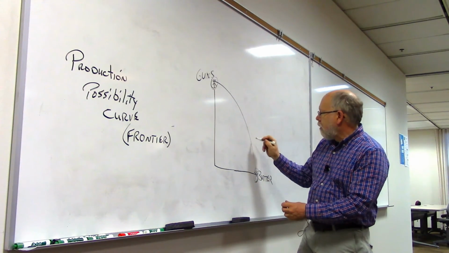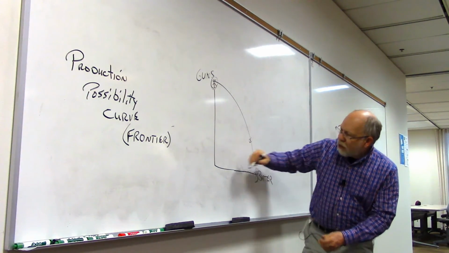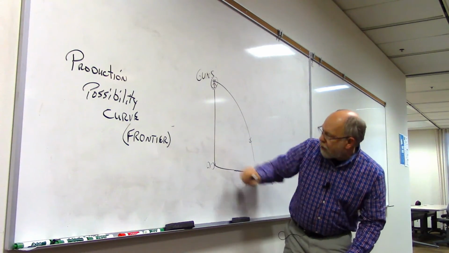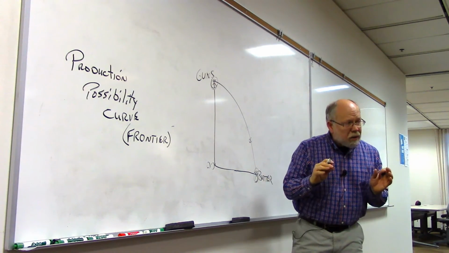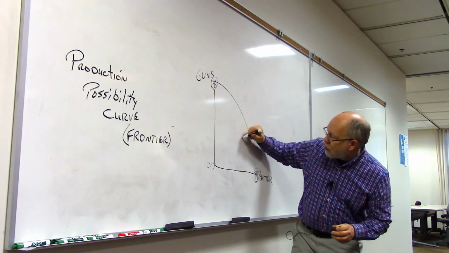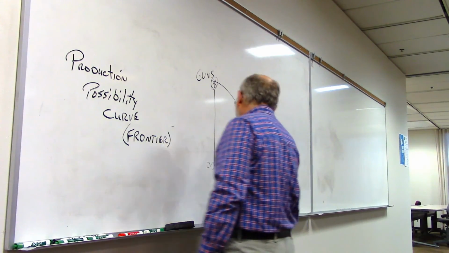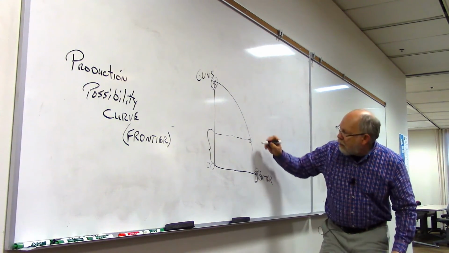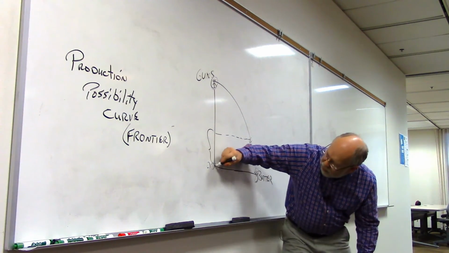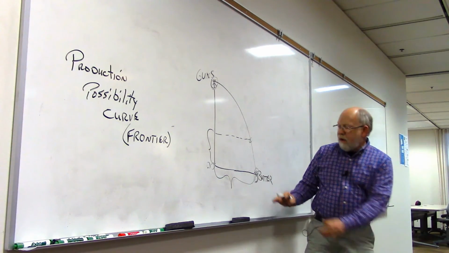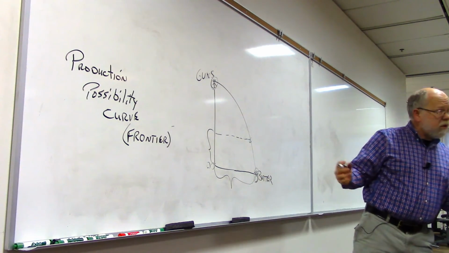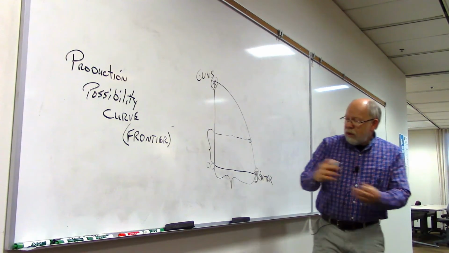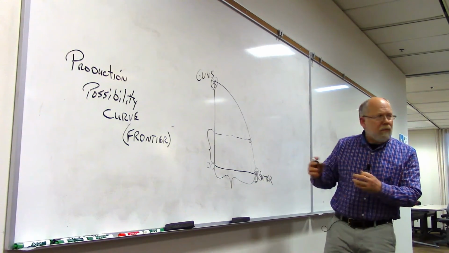We'll put this right here. So in this case, here's our 0, 0, right here. So this is our origin. So in this case, it's possible for us to produce this much output of guns, while at the same time we're producing this much output of consumer goods, cars, cereal, movies, theater plays, all those sorts of things that we like.